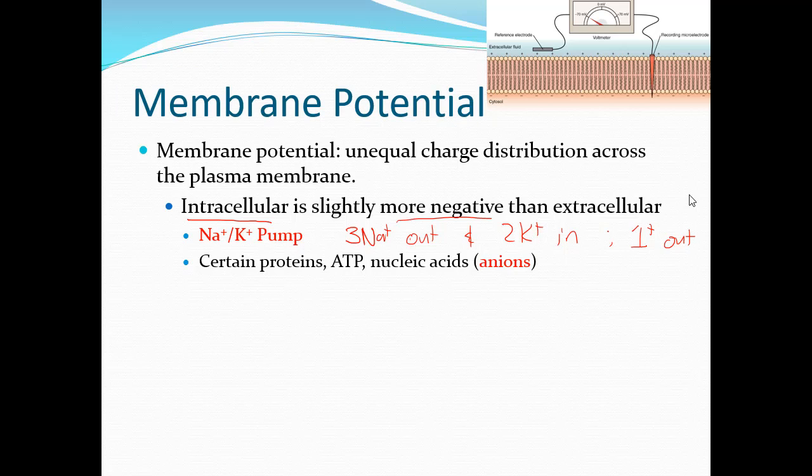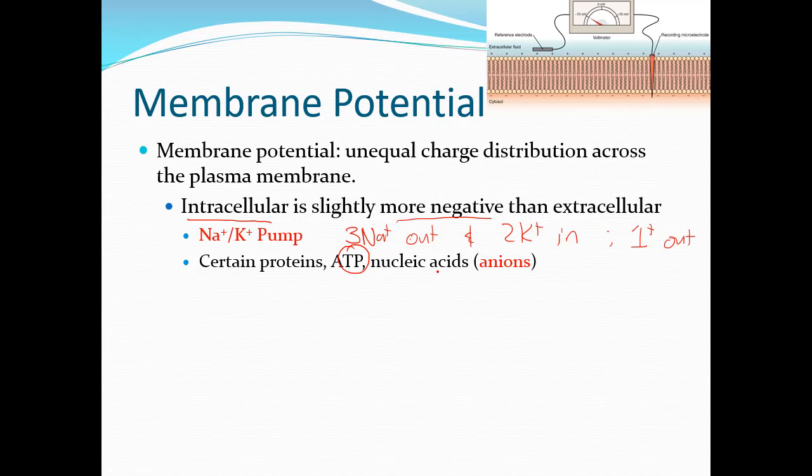Certain proteins, ATP and nucleic acids, are all anions. Regarding ATP, this is adenosine triphosphate, and phosphates in general are negatively charged ions. And nucleic acids also have phosphate backbones, and those phosphate backbones will be negatively charged.